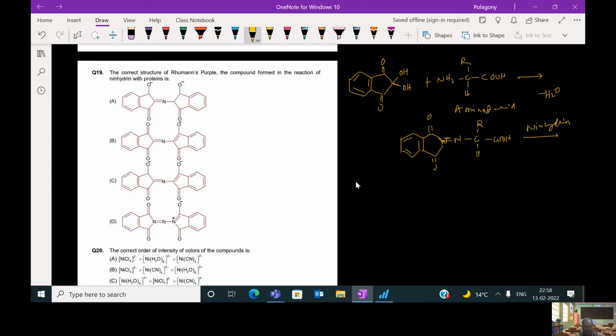So we will get the compound, and B is the most appropriate answer. This is the final structure we can get.